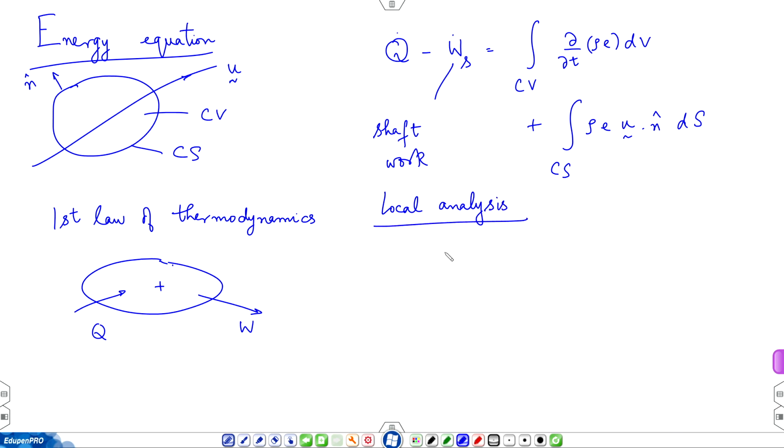So, for local analysis, you are going to look at energy distribution at the small scale, and so there are no devices. So, the shaft work is 0.